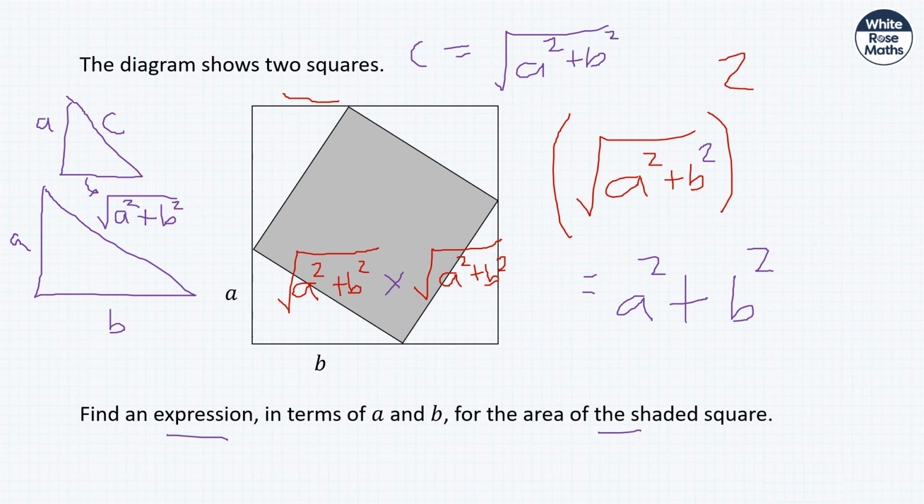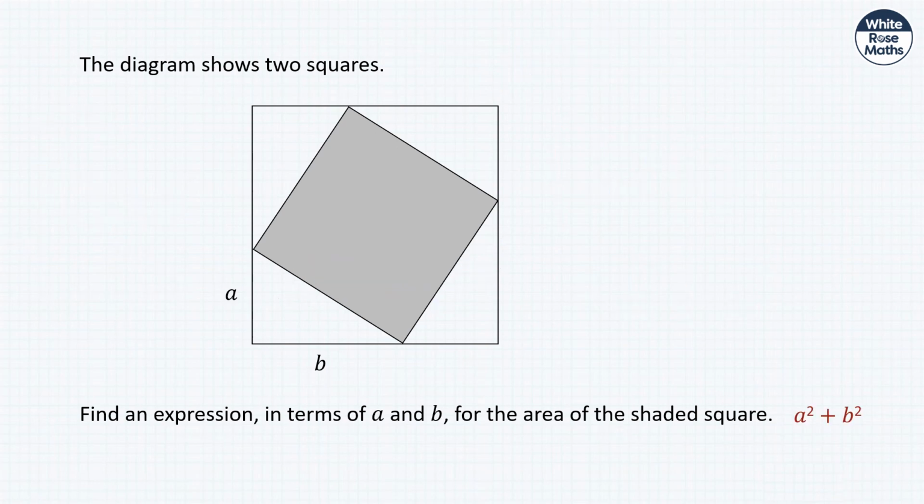And if we call that C, C times C makes C squared. So if you square this and you square this, it'll give you the area of this shaded square, using the Pythagoras theorem formula, A squared plus B squared equals C squared, guys. Hope that makes sense. Sorry for waffling there. So that's my answer for that, guys.